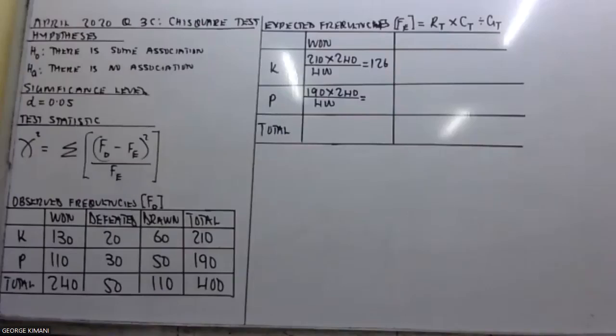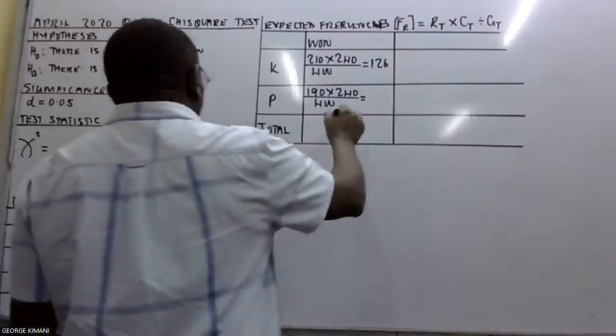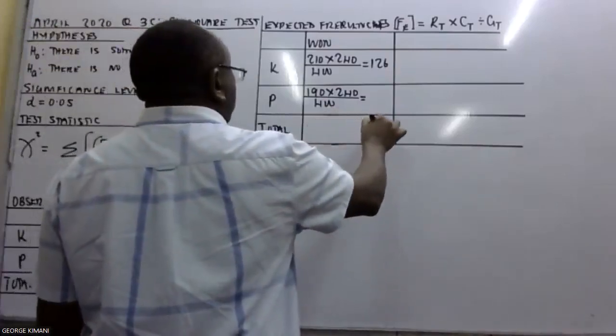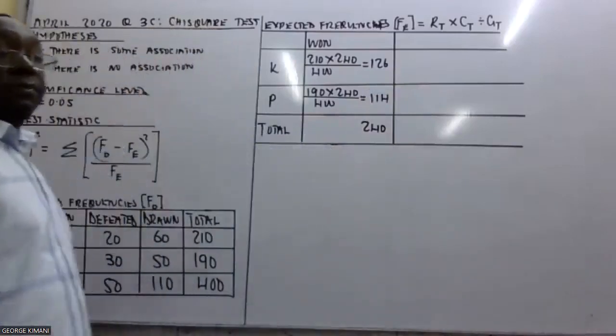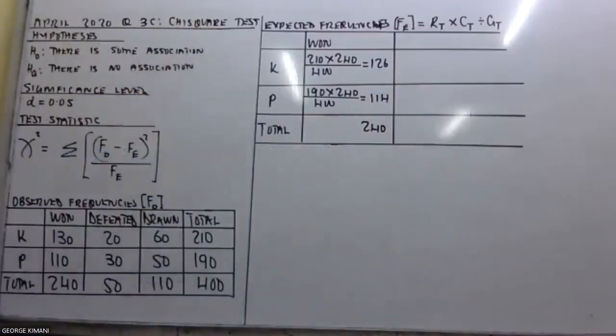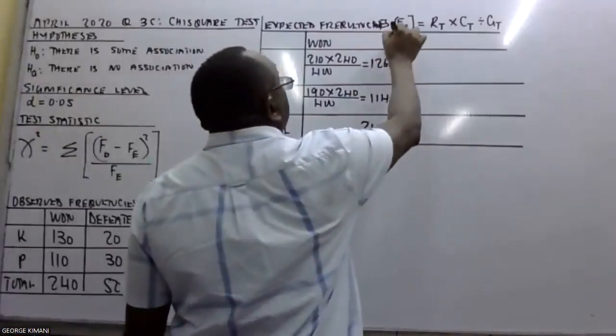Now, as you do that, you must ensure that they will add back to this 240. So in case there are roundings, you must ensure they add back to this 240.